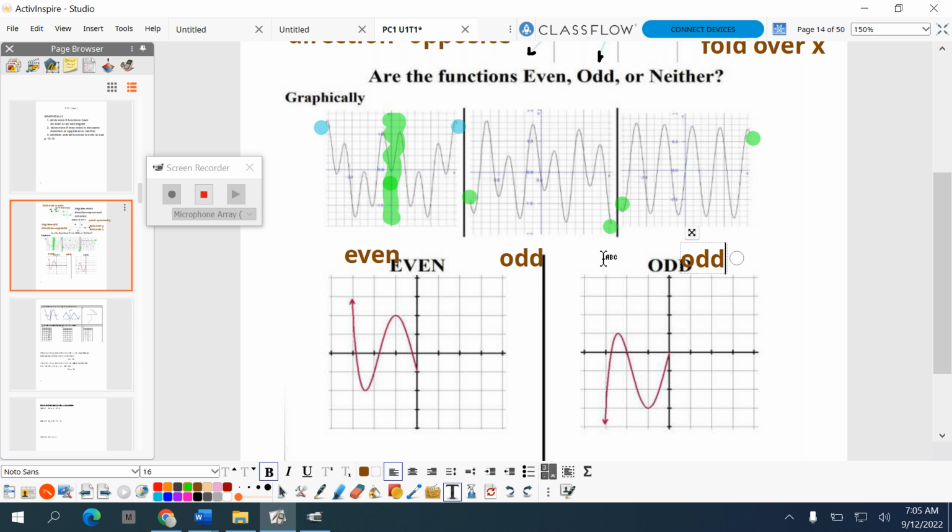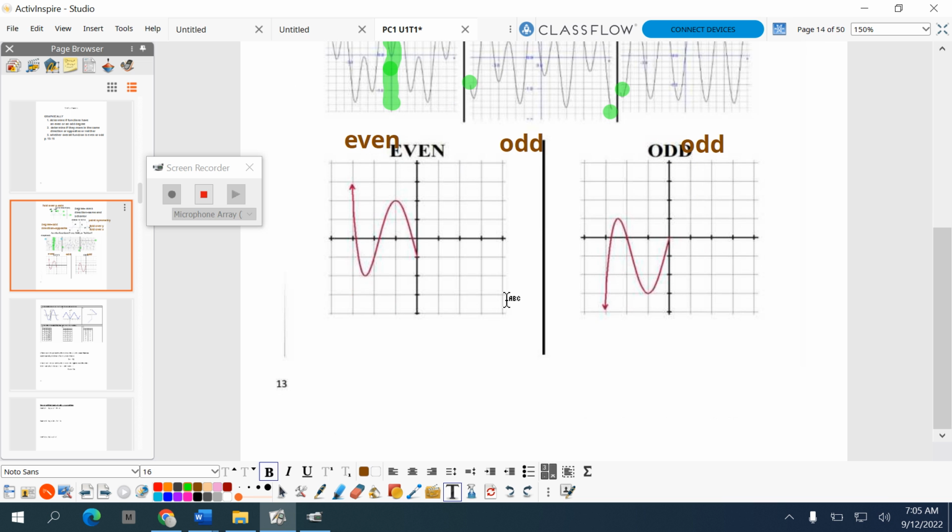All right. Now let's look at these below. If this had continued on, we don't know what it would do, so we don't worry about that. They're going in opposite directions. Now, it may be even. That first degree term, when we look at it algebraically, we'll be able to tell easily, might be even.